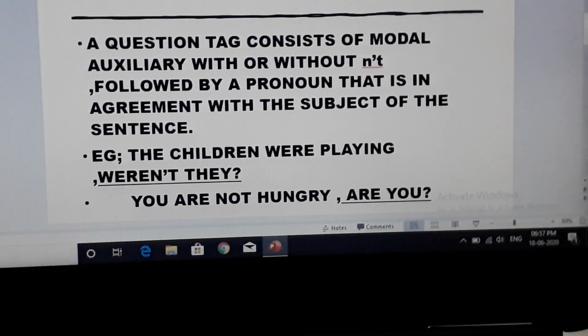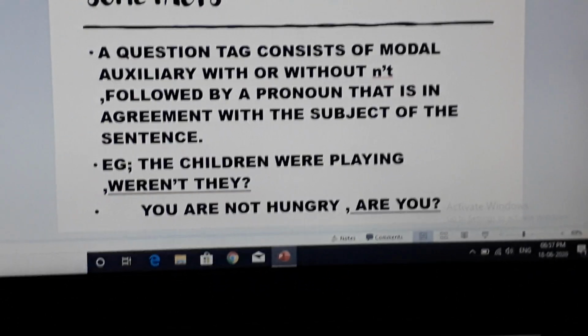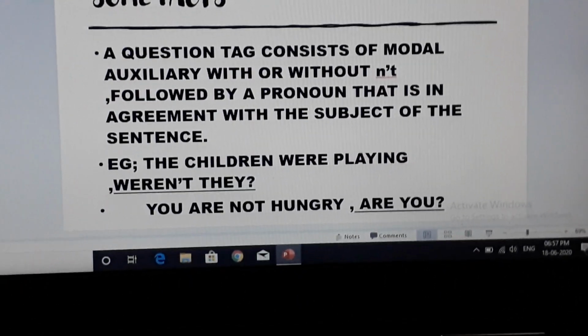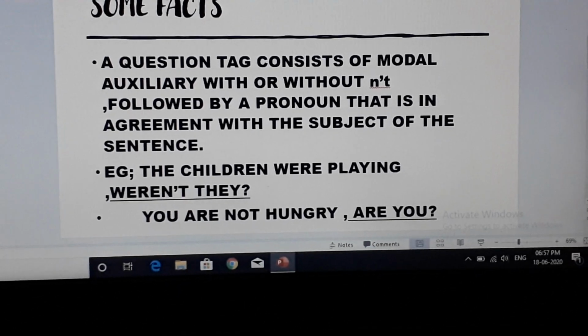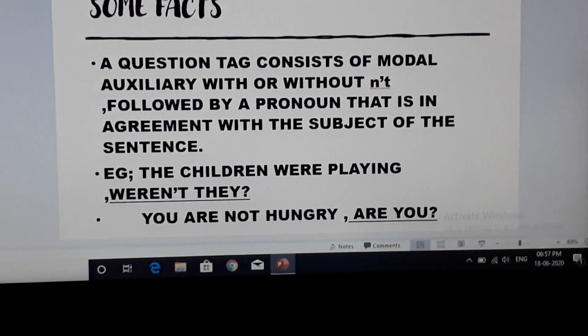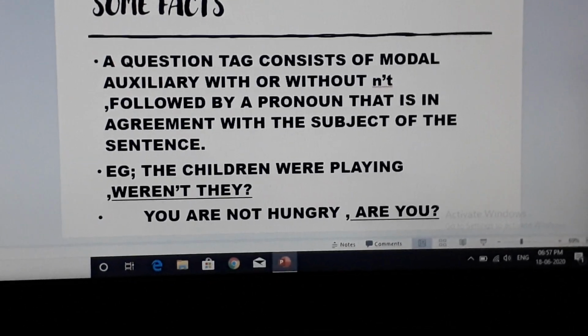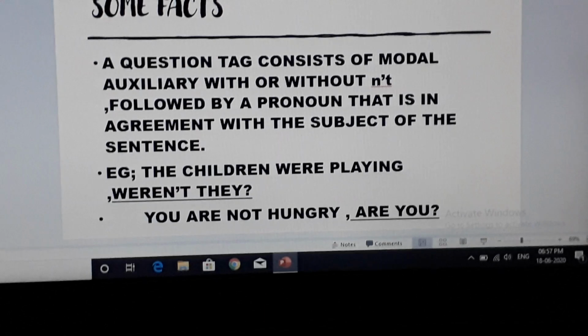Now the question is that here in the sentence the verb is were and in the question tag we are using weren't. So we have to remember that if the sentence is positive, the question tag has to be negative. And if the sentence is negative, the question tag has to be positive. That means we have to remove the negative word no or not from the sentence.